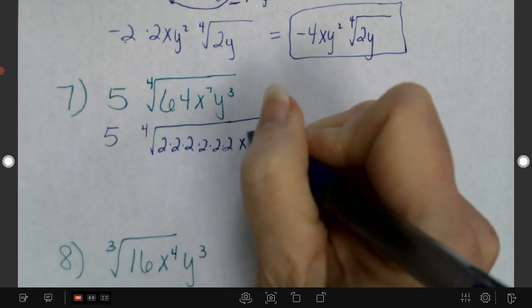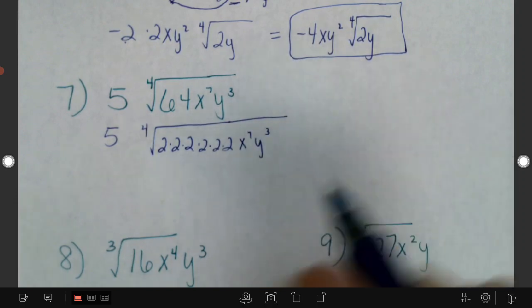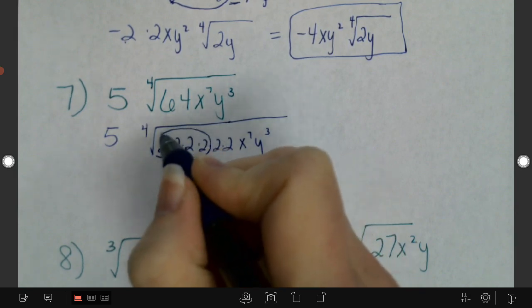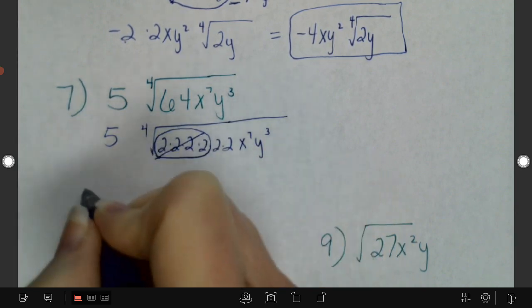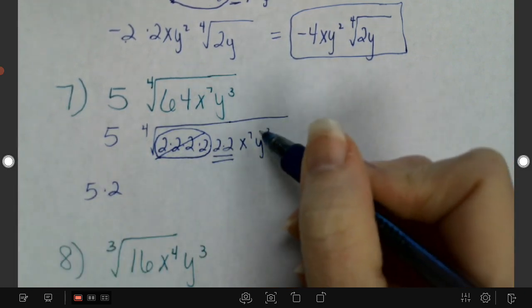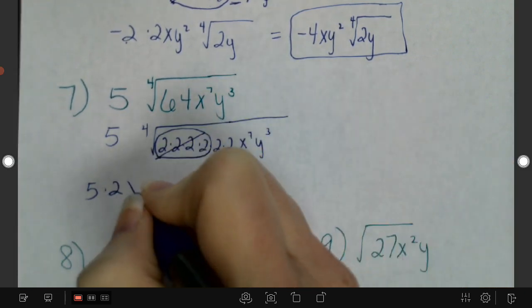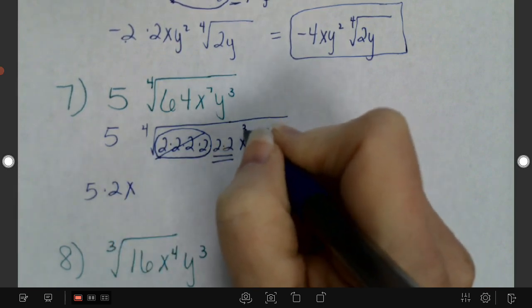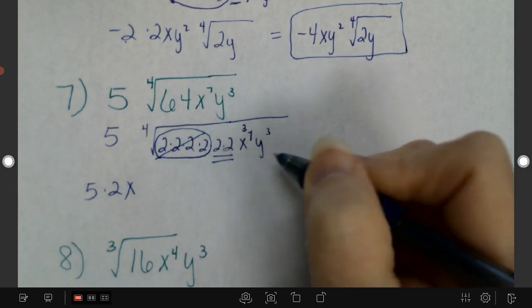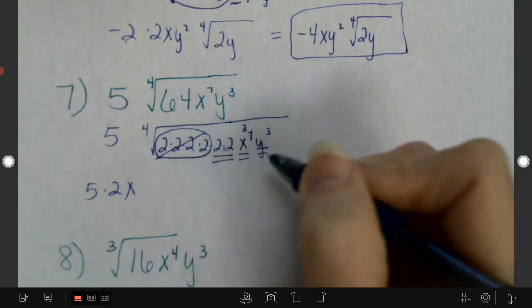So we've got x to the 7th, y to the 3rd. Remember, fourth roots, we need 1 2 3 4 of them. These are all coming out as 1 2. These are going to stay. 7 divided by 4, it goes once with 3 left over. And then 3 is not divisible by 4, so that's just going to stay underneath also, okay?